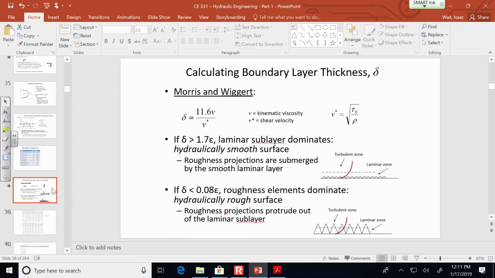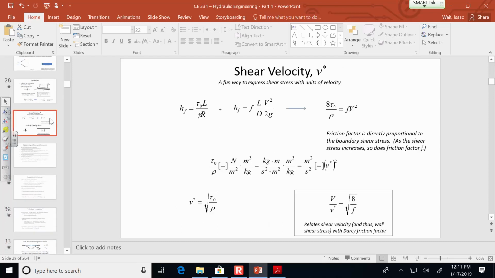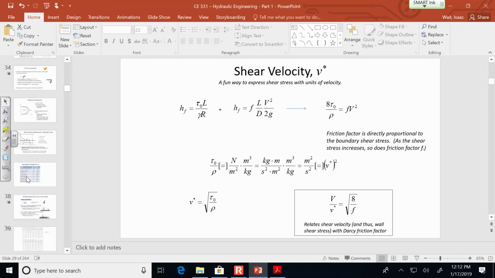Velocity over shear velocity equals square root of 8 over the friction factor. Right? Okay. It was in the box. There, this one. Yeah. This works if you know the f value, and in this example you did. Okay. Yeah, you knew the f value, so you could use that. The f value was a proxy for everything else.